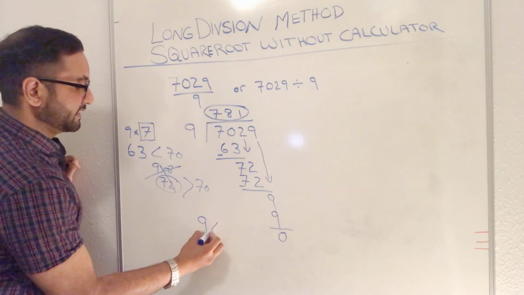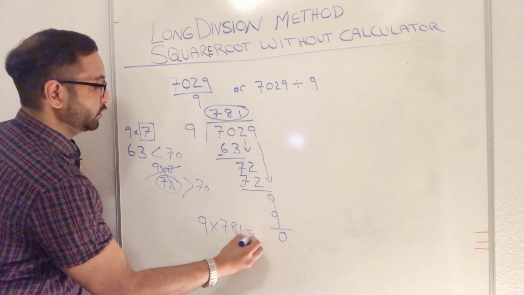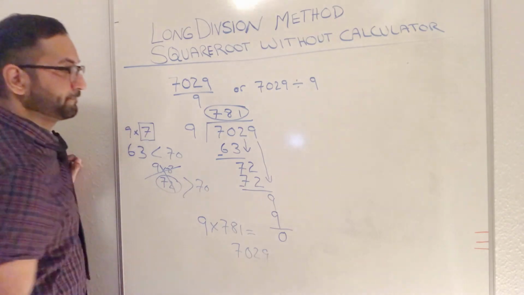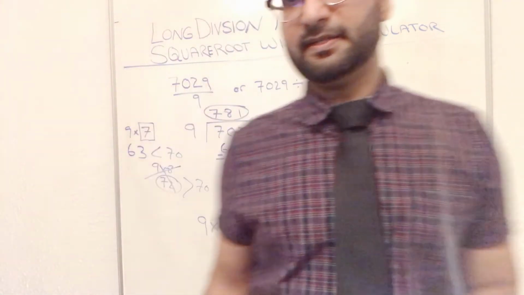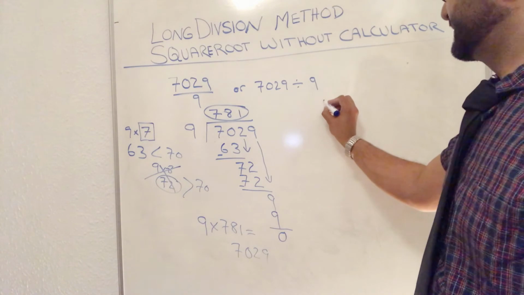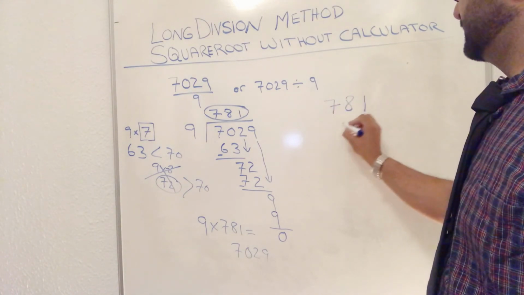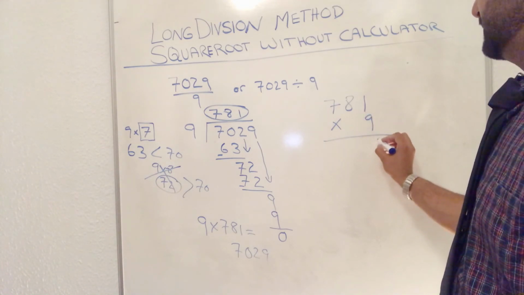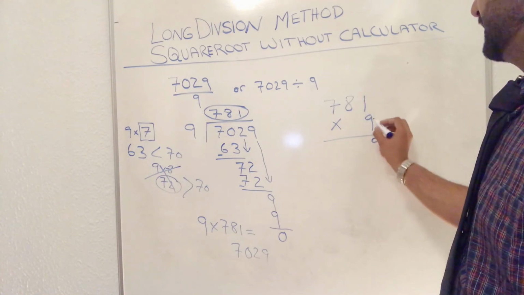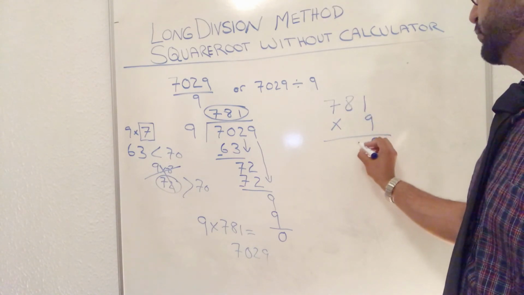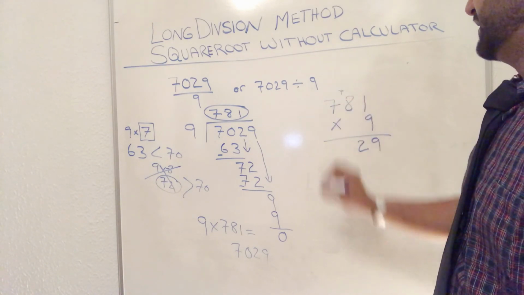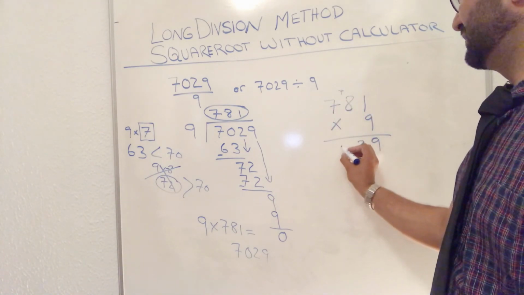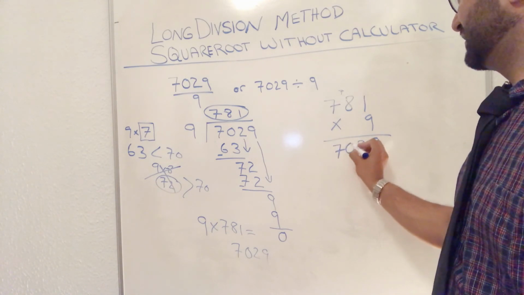If you want to check your answer, you can multiply 9 times 781, and you will get your value 7029. I can show you here in a little multiplication. 781 times 9. 9 times the unit 1 becomes 9. 9 times 8 becomes 72, write 2, carry 7. 9 times 7 is 63, add 7, becomes 70.